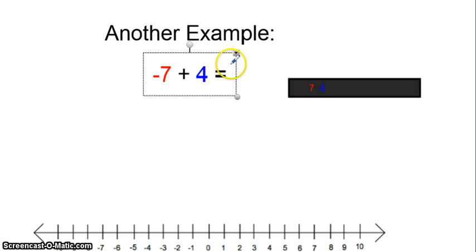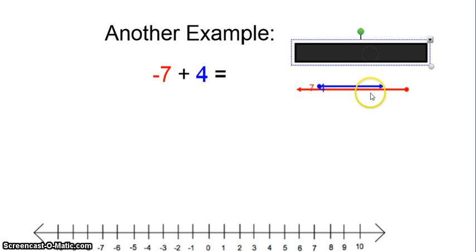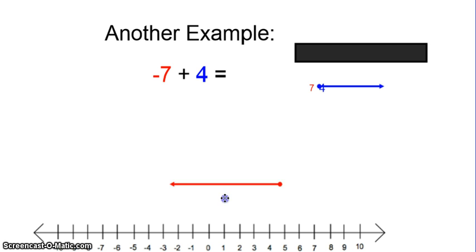Let's try another example. If we have 7 units to the left, and this is our distance away from 0, remember, so our absolute value is 7 units. We are 7 units to the left, and the negative brings us to the left of 0. So we are 7 units away from 0 in the negative direction.